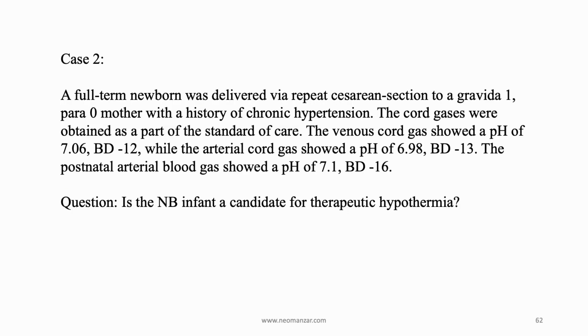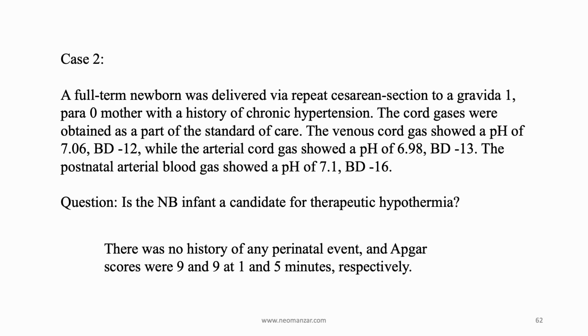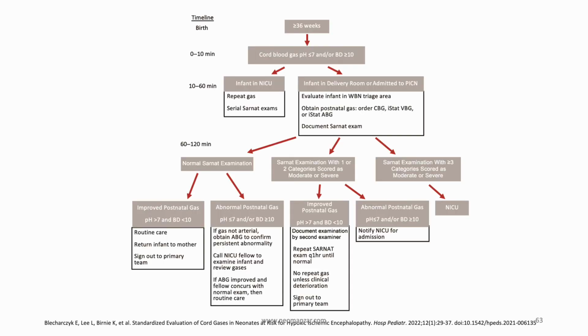Case 2: now this one has a cord pH which was acidotic. This patient was sent to the newborn nursery, and they were calling about admission to NICU and starting therapeutic hypothermia. But everything was okay. Following this algorithm, the patient was managed.